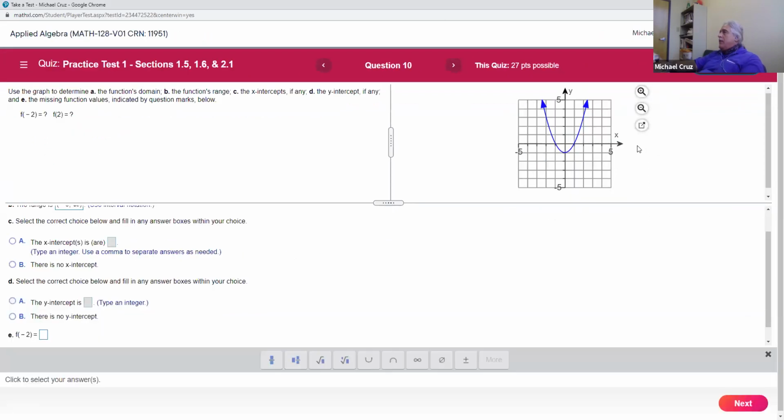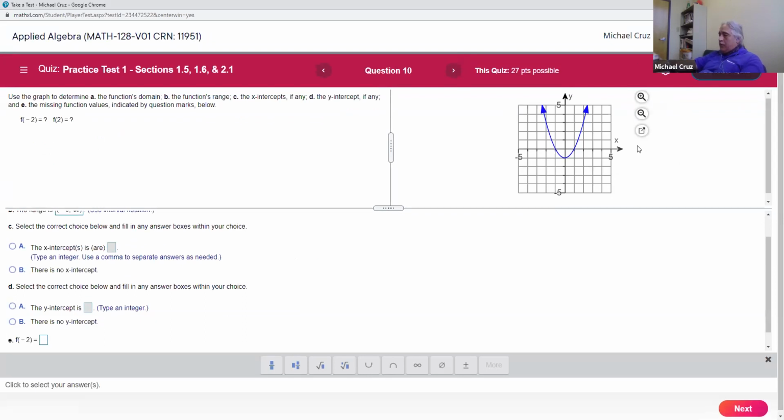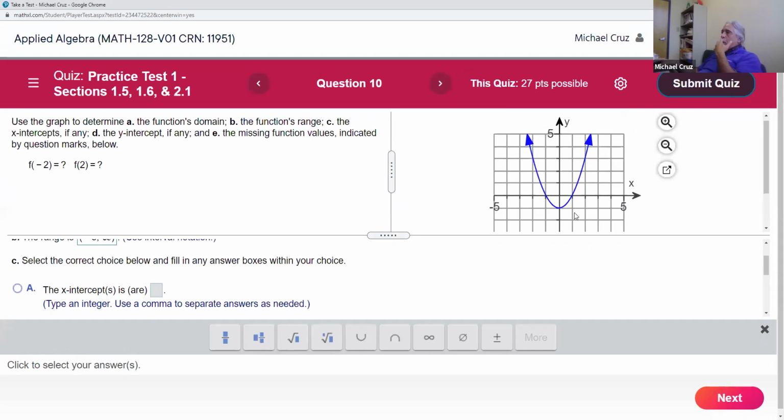No, it's definitely -5. It's just compressed on the y-axis. So the x-axis is being crossed at this value here and this value.